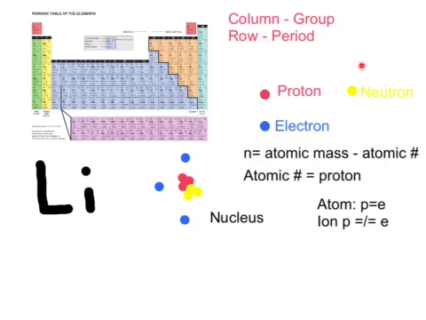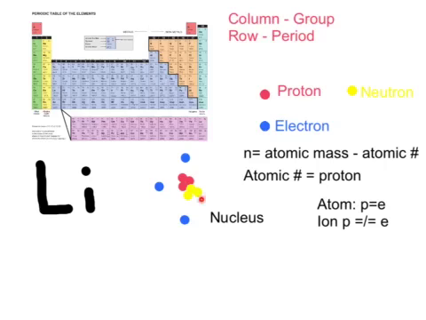So this yellow dot has no charge, the proton has a positive charge, and the blue dot, the electron, is a subatomic particle that has a -1 electric charge. So this is negative, this is positive, and this is no charge.